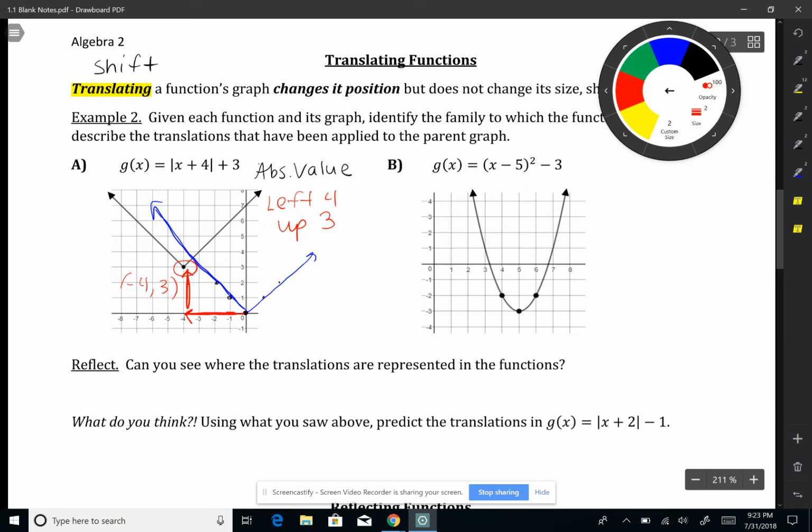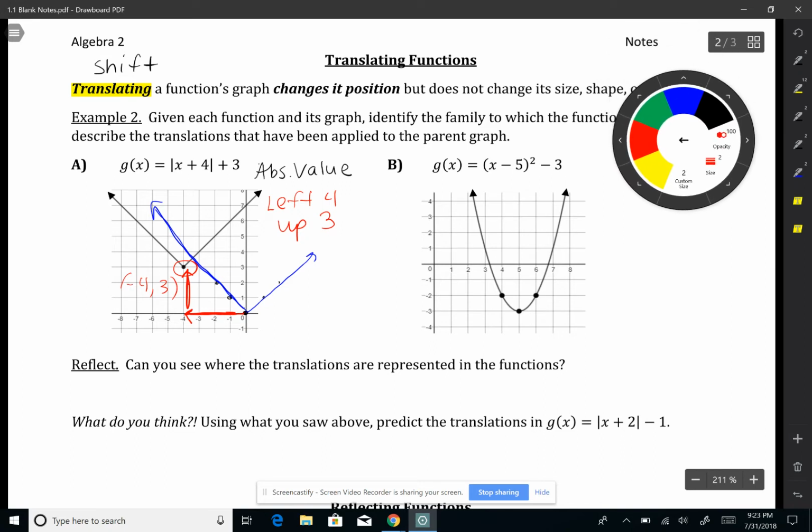Letter B, I see this U shape, which is a parabola. I also see my function, g of x equals the quantity x minus 5 squared minus 3. This is a quadratic. We know that it also has a vertex at 0, 0, and then some of the points we have found are 1, 1, 2, 4, etc. This is where this one starts.